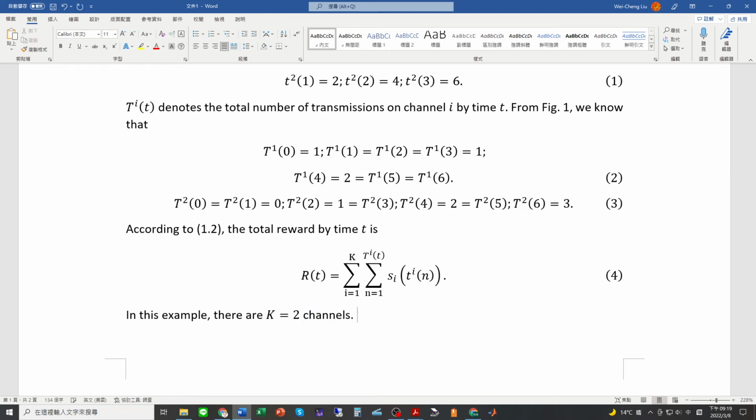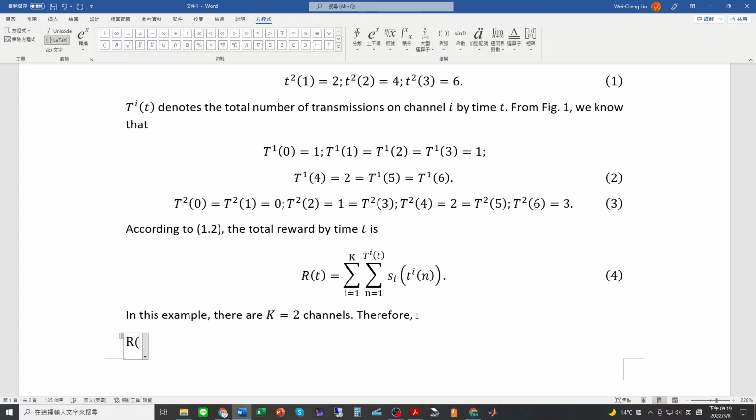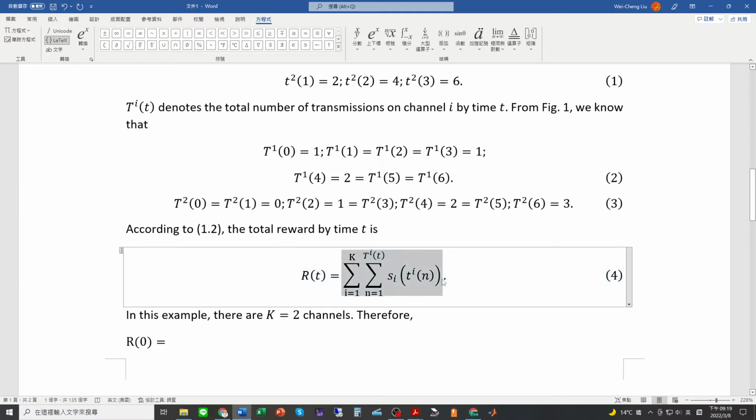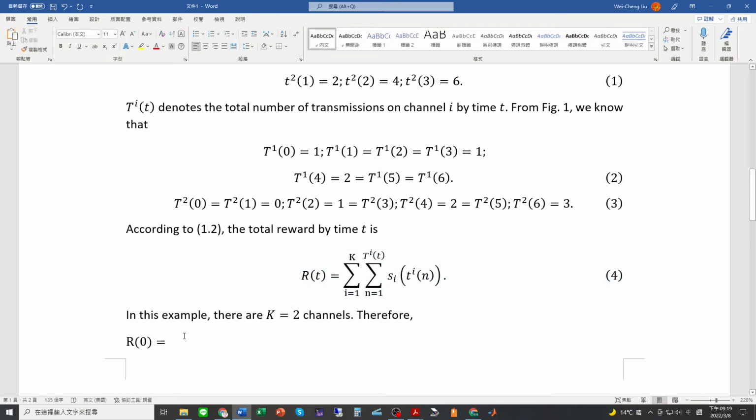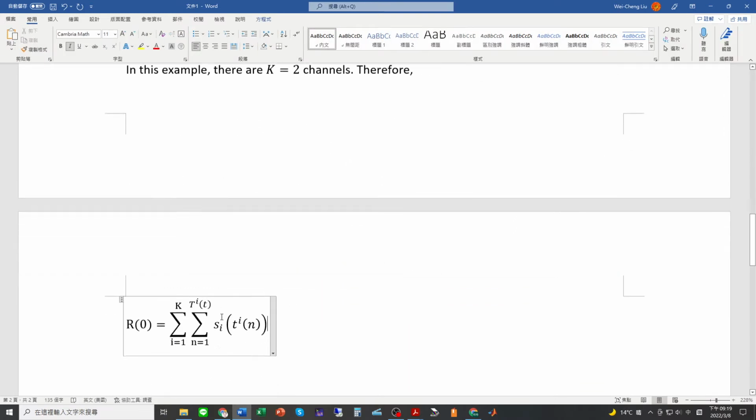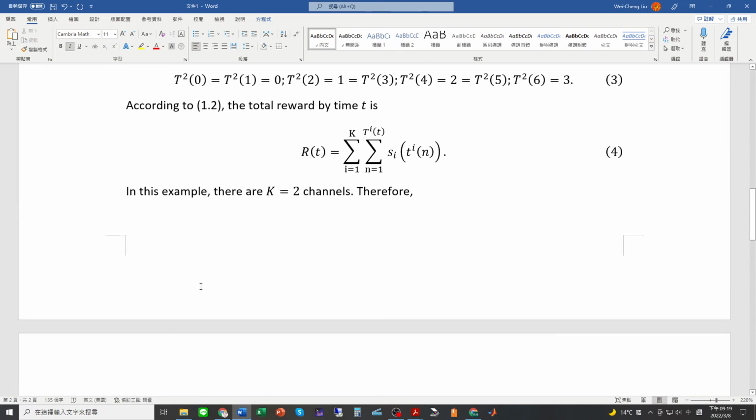Therefore, we first find the R0. R0 is equal to the summation. We can copy this and paste here, i is equal to 1 to k.